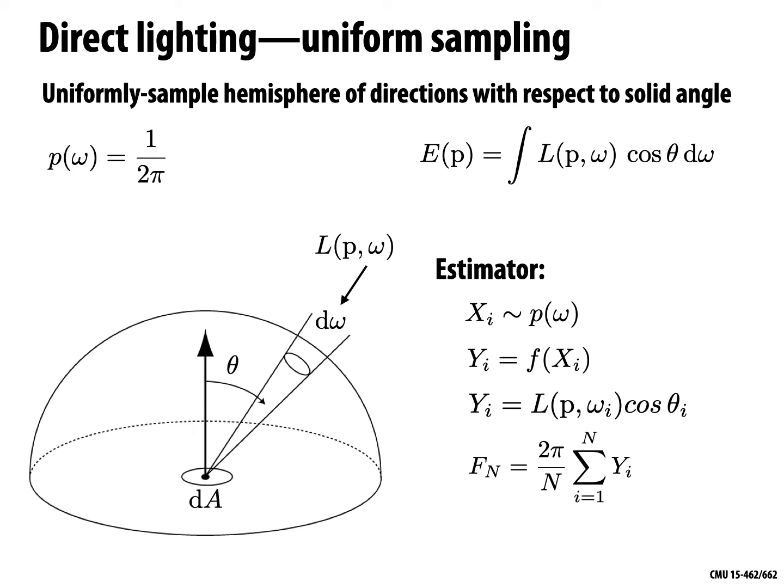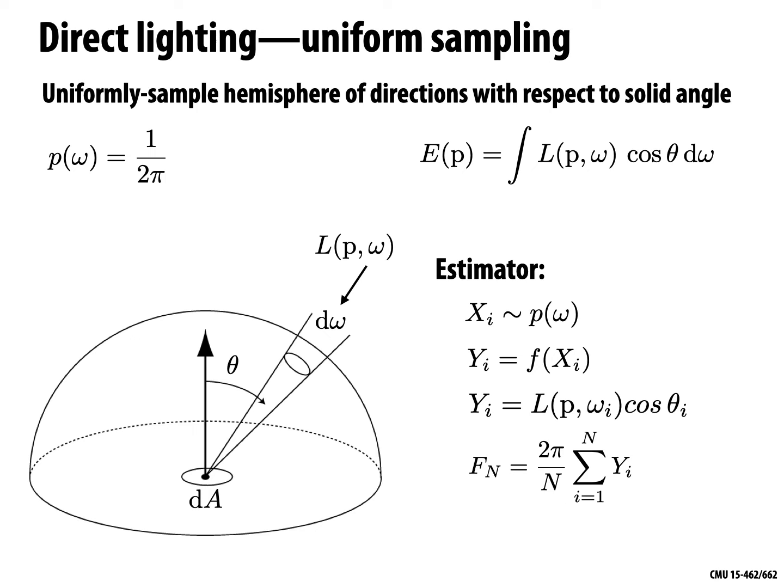So x is really a direction that's sampled from the probability distribution p of omega. We can use that random variable to define another random variable, y, which is the function we want to integrate evaluated for that incoming direction, f of x_i. In this case, that function is the integrand, L of p, omega_i, cosine theta.